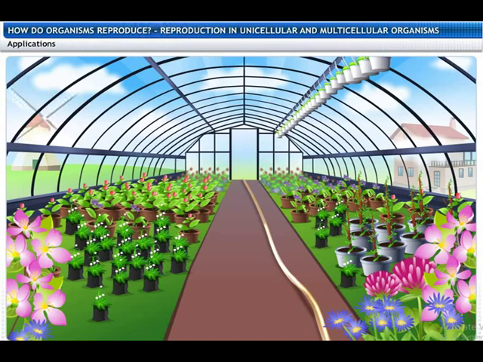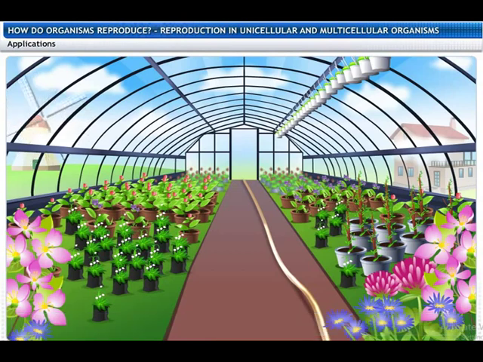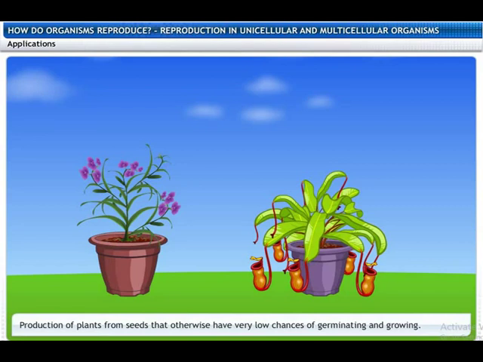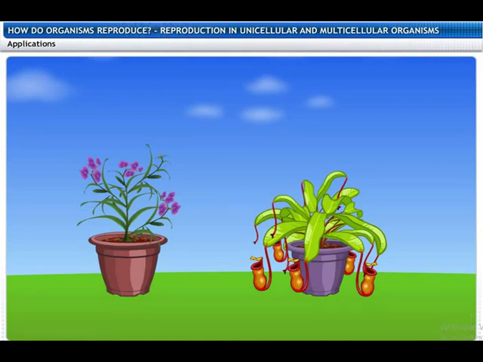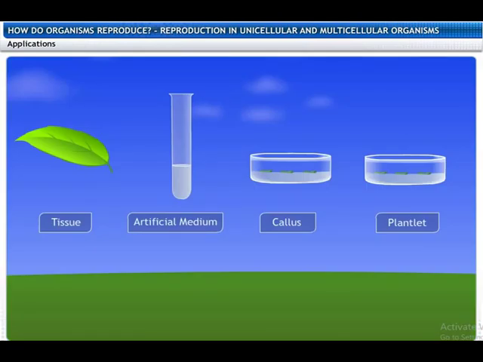Just think, this technique can enable production of exact copies of plants in the absence of seeds, help us produce plants from seeds that otherwise have very low chances of germinating and growing, for example, in the case of orchids and nepenthes, and enable us to clean a plant of viral and other infections and quickly multiply. Let's take a quick look at how tissue culture is done.